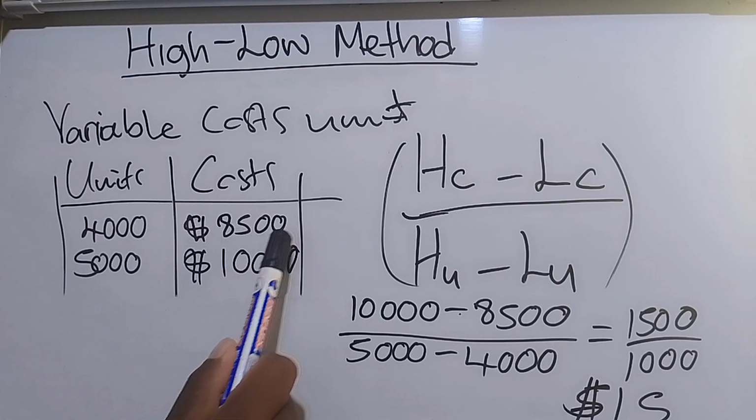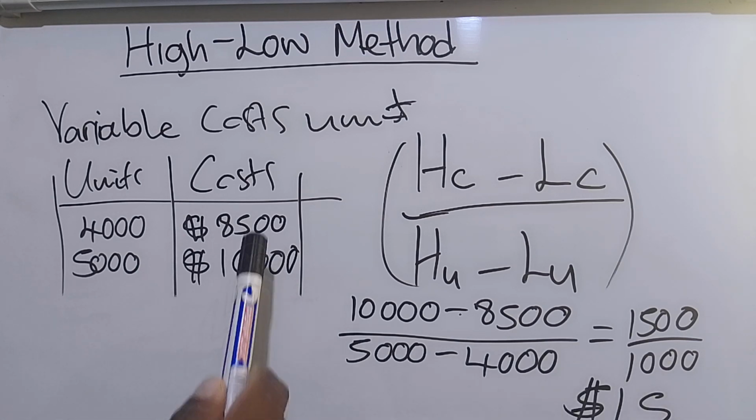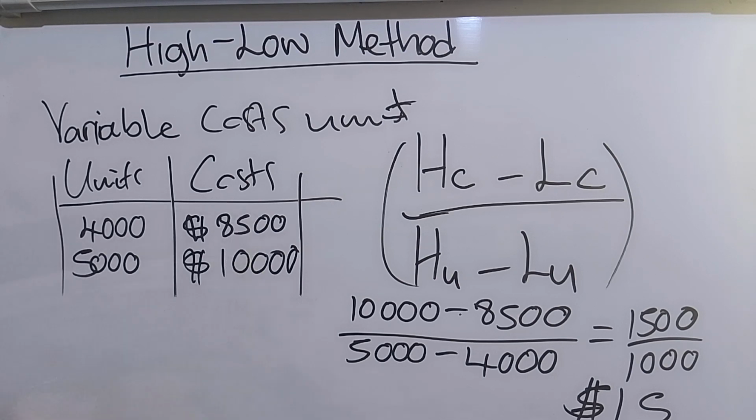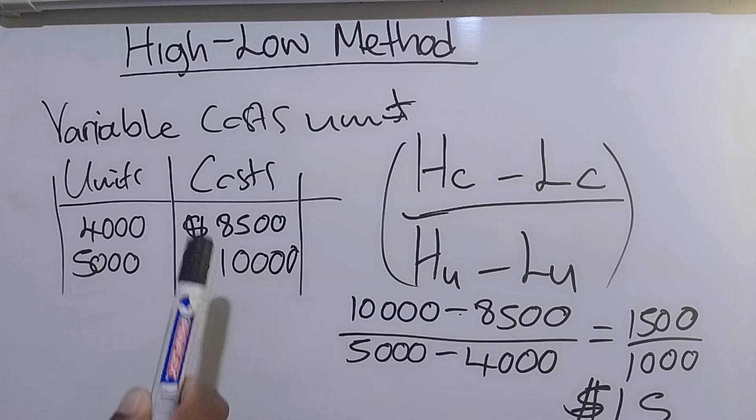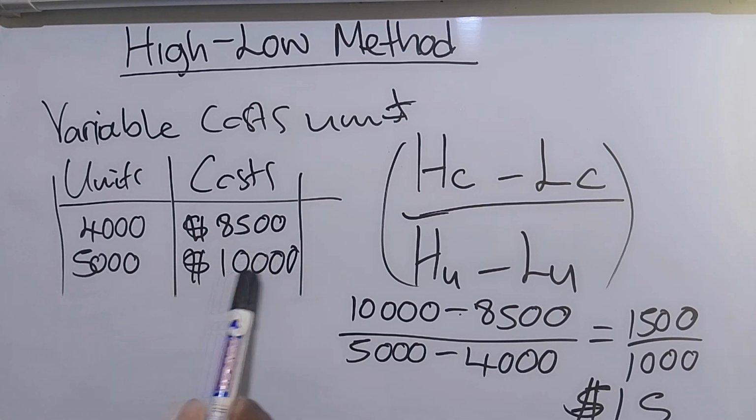This 8,500, or the total cost that will be given, includes both fixed costs and variable costs. Now that we have got the variable cost per unit amount, we can use that to determine how much was the fixed cost within this 8,500. That will be the same amount of fixed cost within the 5,000 units, within this $10,000.